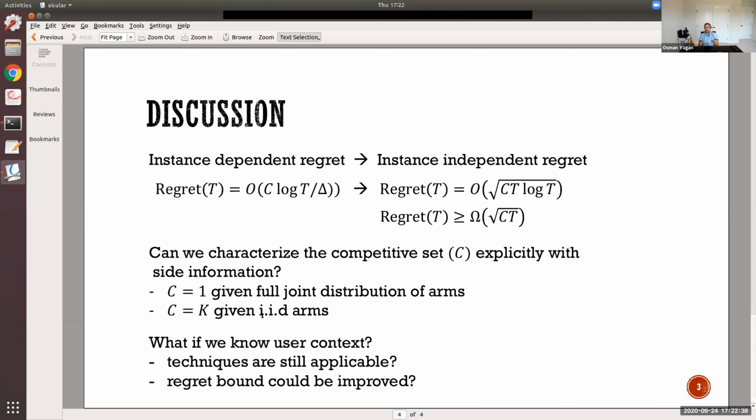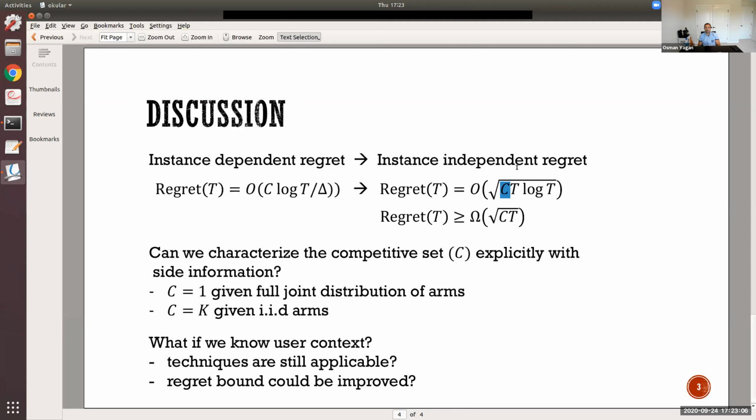I think we haven't looked at instance independent bounds for the regret, and it sounds like you should be able to get a result that looks like the ones you suggested, with some explicit dependence on the number of competitive arms, but yes, this is an open question, as far as I know.